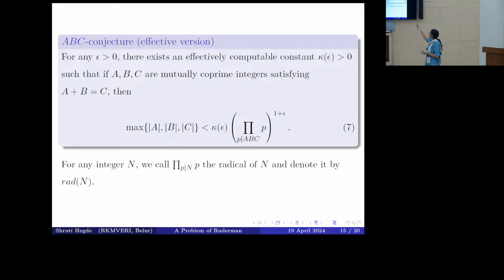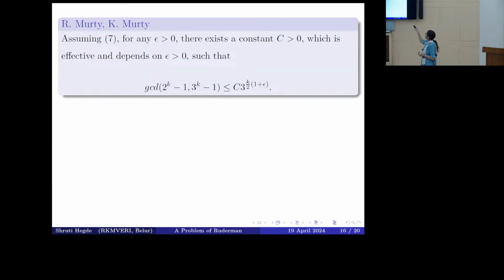This has to happen, this is the conjecture, right? So we can use this and find a version similar to Bugeaud's result.